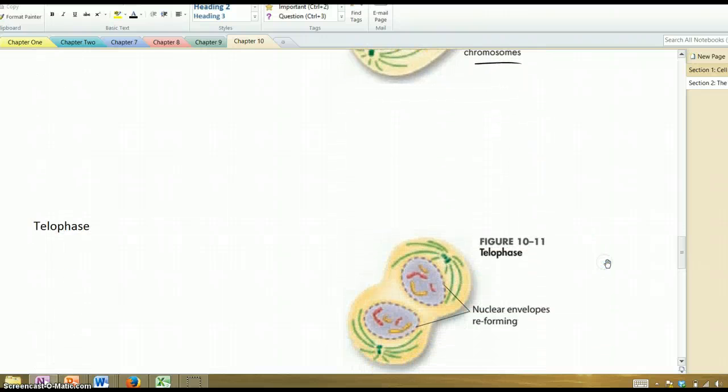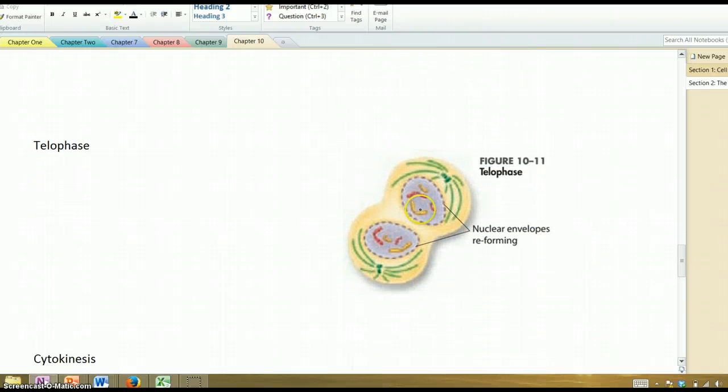All right, telophase. So we're at the end of mitosis. So now what happens is those chromosomes have been pulled to opposite ends, and the nucleus begins to reform. So now we have this brief moment in time where this single cell has essentially 2 nuclei. But what happens?